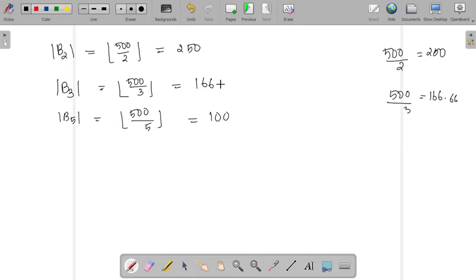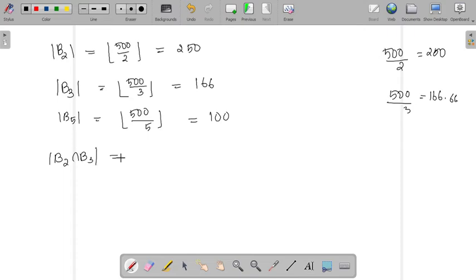And next you need to find the intersections: B2 intersection B3, then B2 intersection B5 and B3 intersection B5. Let us first look at B2 intersection B3.